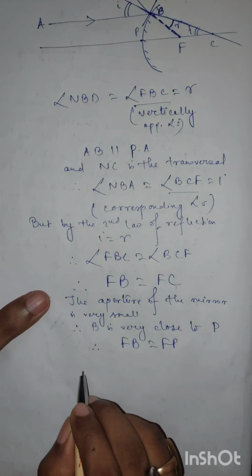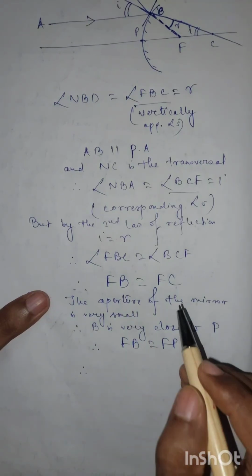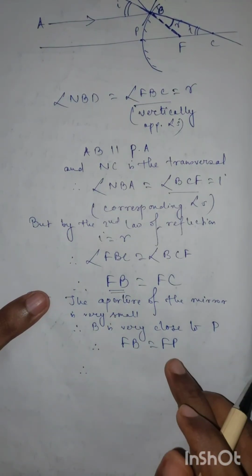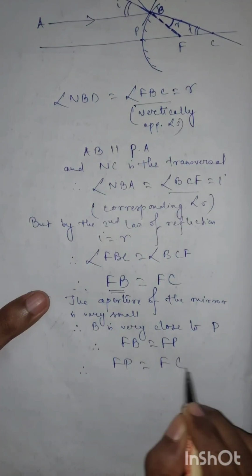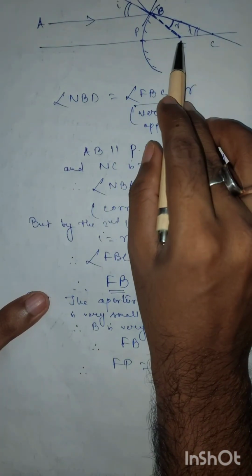In place of FB we can write FP. Therefore, FP is equal to FC.